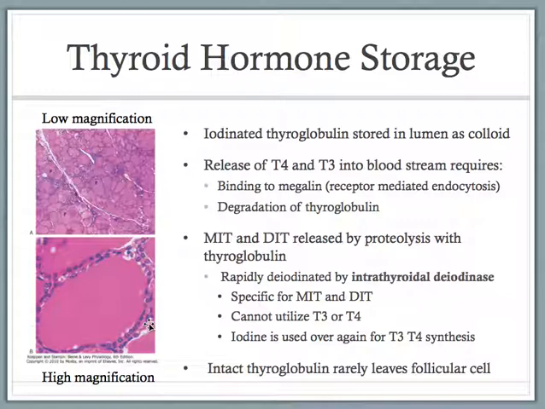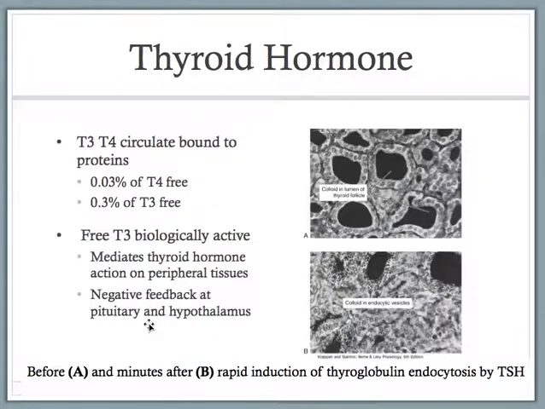All right. So intact thyroglobulin rarely leaves the cell. As I mentioned, it doesn't really have that much activity. We need to do proteolysis on it so that we can have the liberated free T3 and T4. So everything is stored in that colloid, and here's a cool picture on the next slide.